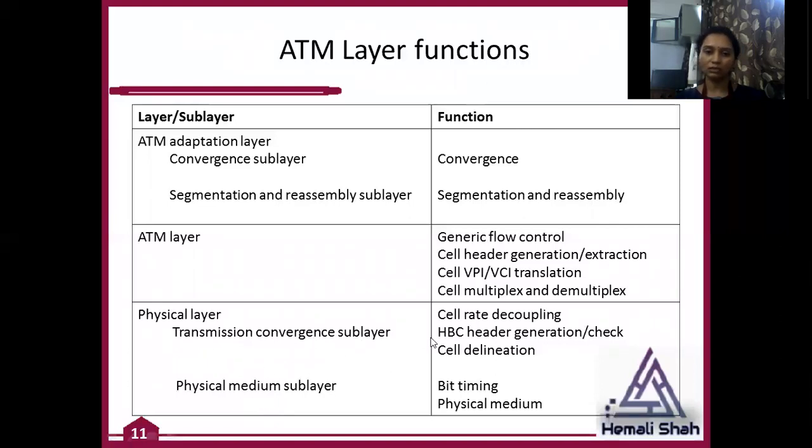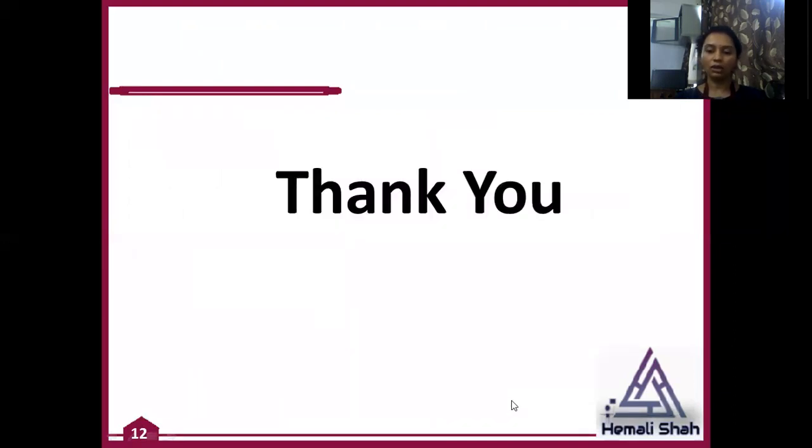The transmission convergence sublayer performs functions like cell rate decoupling, HEC header generation and check, and cell delineation. Bit timing and physical medium functions are done by the physical medium sublayer. So this is all about ATM.